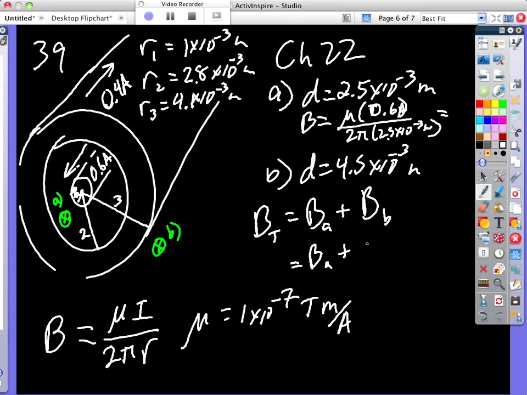And then BB is going to be the same thing, mu, but this one is 0.4 amps, because it's the other current, and then it's going to be 2 pi times 4.5 times 10 to the minus 3 meters.